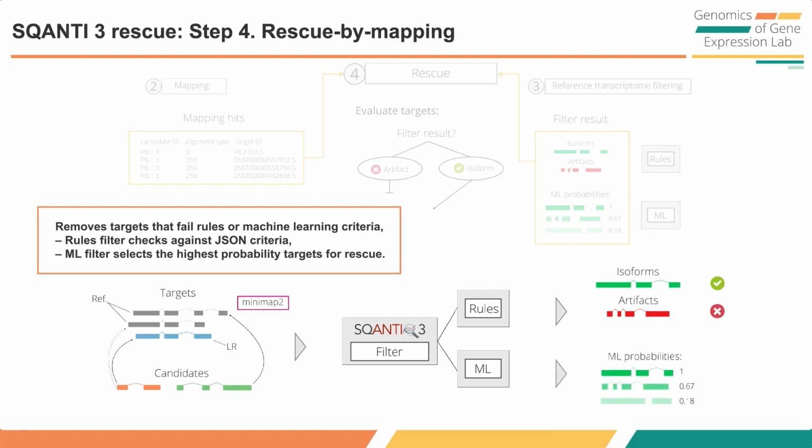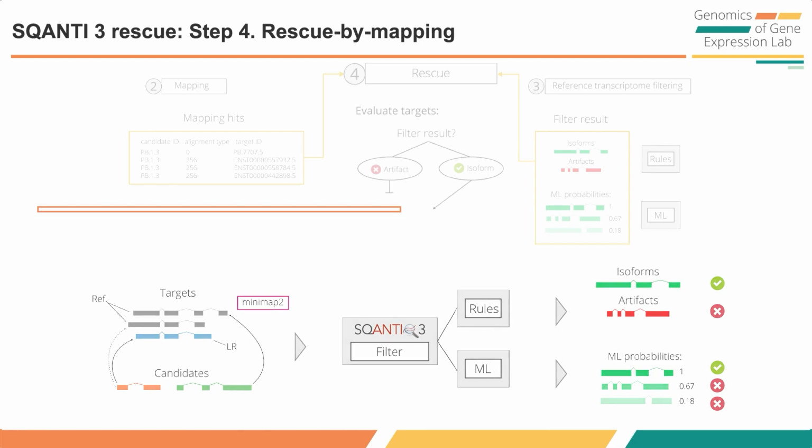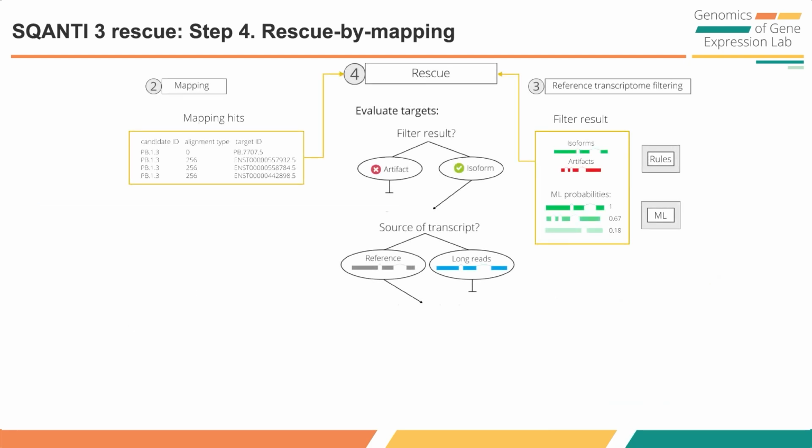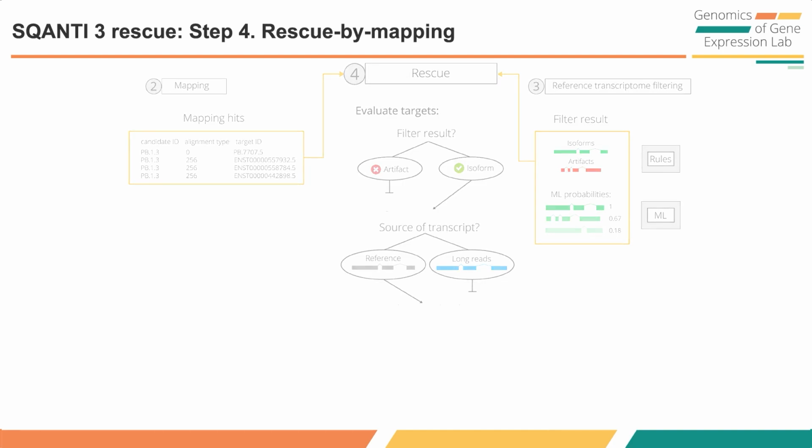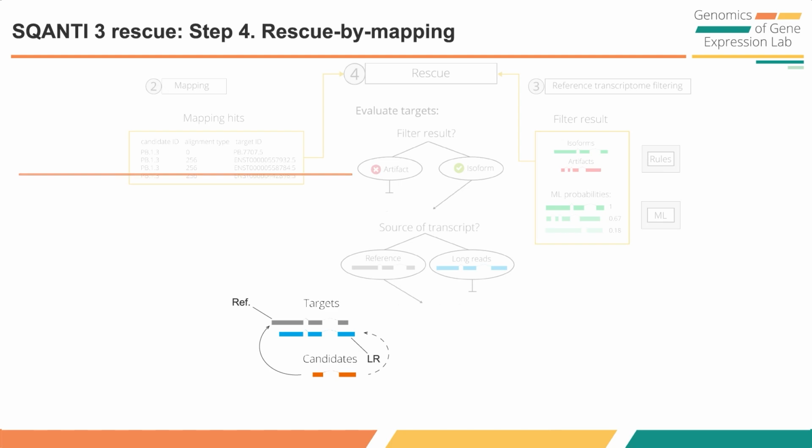If you're using the machine learning filter, this means that the target transcript didn't reach the specified machine learning probability threshold. However, if you're using the machine learning filter, only the target transcripts with the highest machine learning probability will be selected for rescue. The second one is selecting reference targets. During mapping, both long-read defined transcripts and reference target transcripts are considered. As a result, rescue candidates can match either of these transcripts.